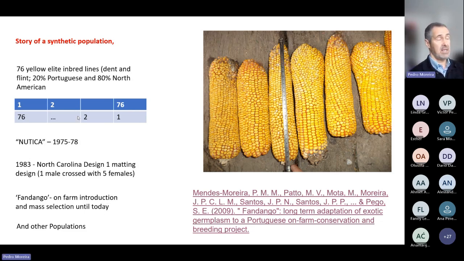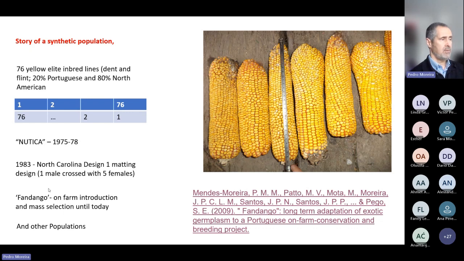So there are two moments here. One moment is when you mix the inbred lines, and you follow the material of each maternal line, that you know more, during these 3 years of recombination.